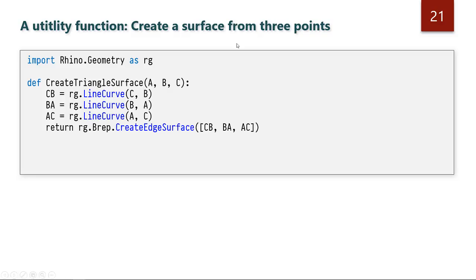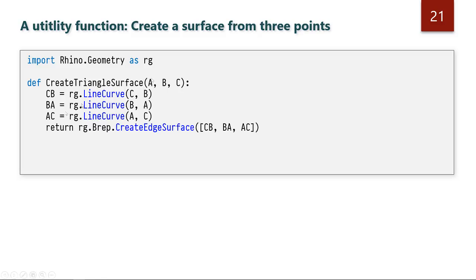So if you look at the documentation of the function, it expects an IEnumerable of curve, and IEnumerable is just a fancy name for list, right? It is a list of curves, but as I explained, a line curve is also a curve. So even though the function asks for a list of curves, you can give it a list of line curves, or a list of line curves mixed with NURBS curves. It's still fine, right? But here we draw triangles, that's why we just use 3 line curves.